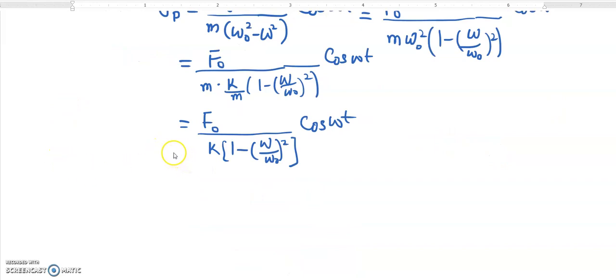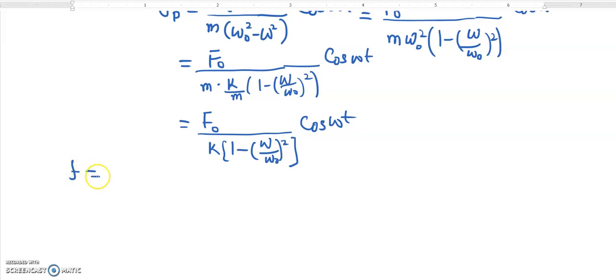So in this way we can represent the solution of the undamped situation when there are forced oscillations. Remember that when we talk about the frequencies, these omega terms are related to the frequency.